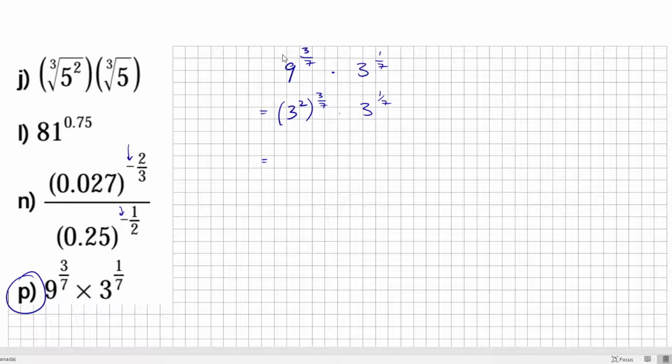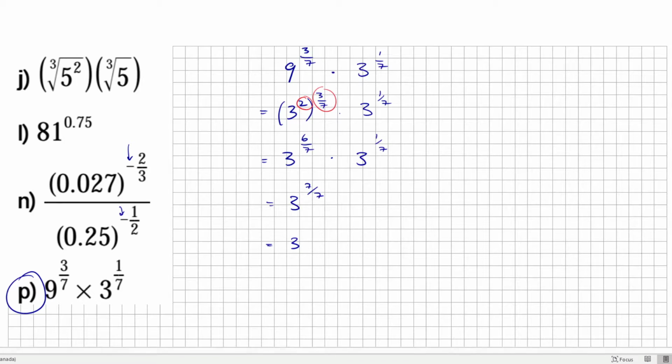And recall, if you have an exponent inside the bracket and outside of the bracket, we can multiply those together. So 2 over 1 times 3 over 7 is 6 over 7. So 3 to the power of 6 over 7 times 3 to the power of 1 over 7 is equal to 3 to the power of 7 over 7, which is just 3 to the power of 1, and that's equal to 3.